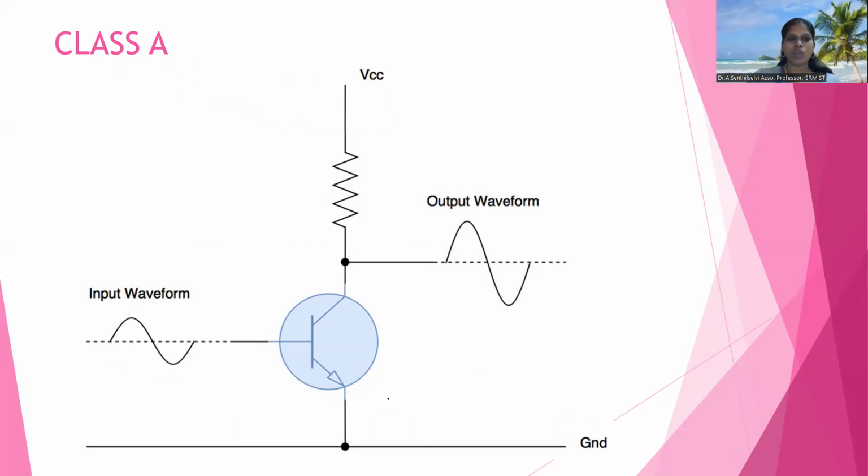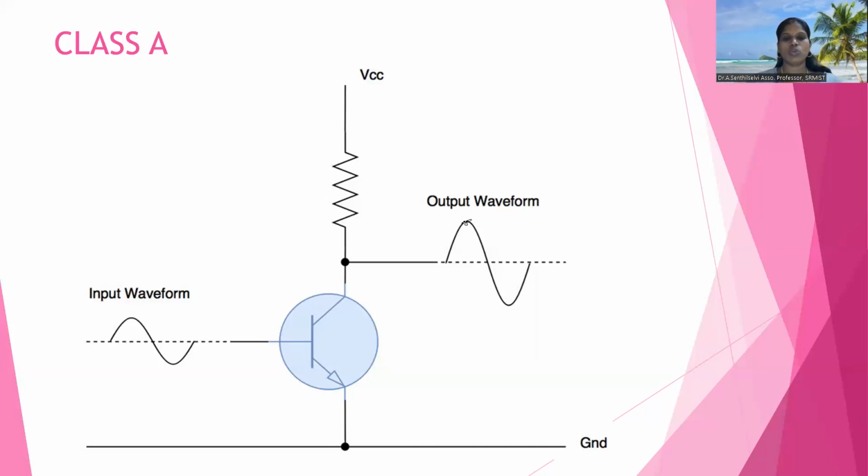After drawing the diagram, what is the working of this class A transistor? If you give the input waveform, we will get the amplified version of the input waveform. The shape, frequency and other values of the output waveform are similar to the input. Everything is similar to the input waveform except the amplitude.